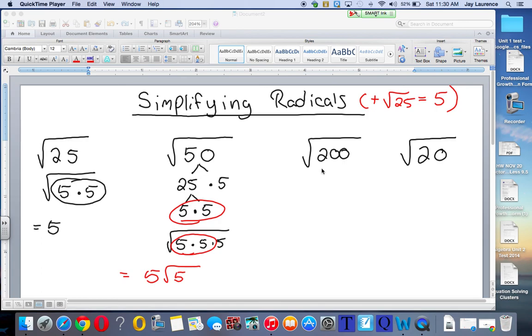200 would be an easy one. I could take the square root of 200. Let's see here. What's the largest perfect square that's a factor of 200? Well, how about 100? And then it'd be 2, right? And then 100 is 10 times 10. So the square root of 200 is 10 times 10 times 2.